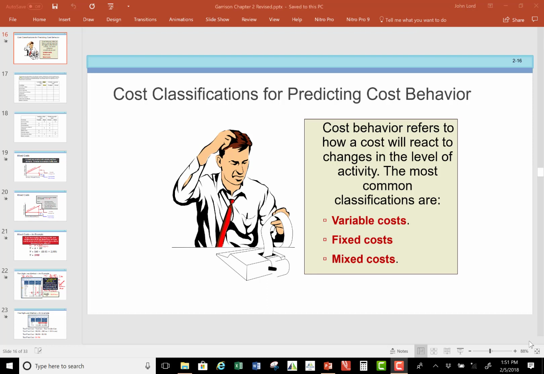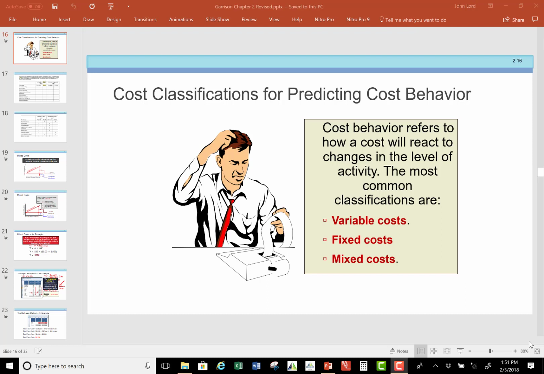So if this is costs on the y-axis here, then I guess it could be the cost axis, whatever. And this is units on the x-axis, however you say that. Then what happens? My chart's a little weird, but what happens?